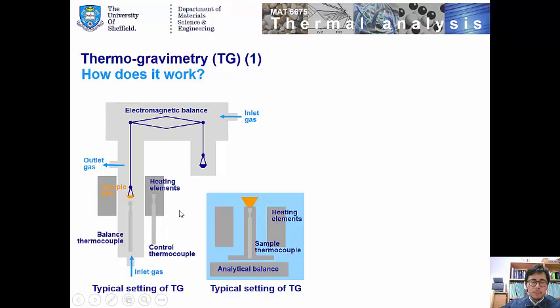One way or another, this equipment tries to record the sample weight, and the chamber of the sample holder is usually surrounded by heating elements, therefore it is possible to change the temperature.